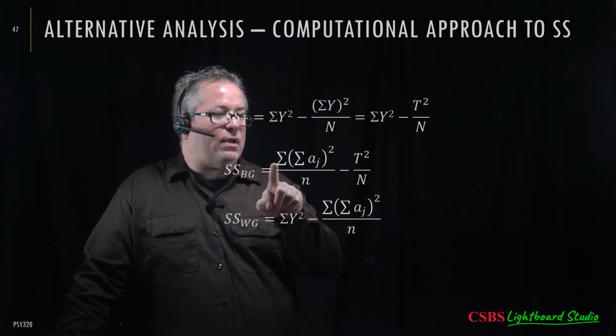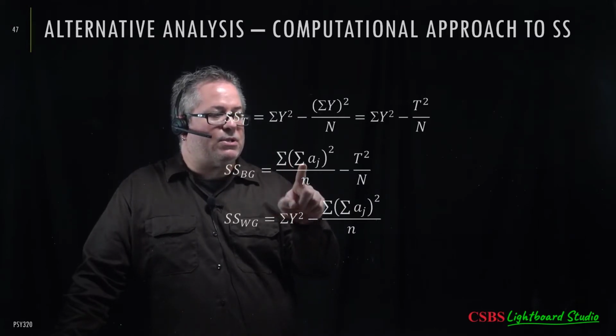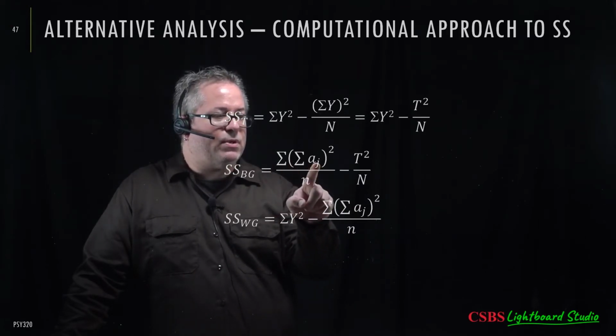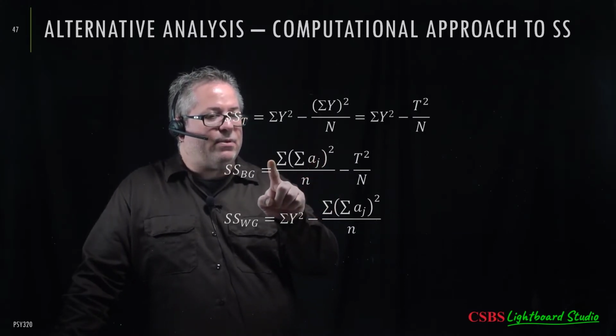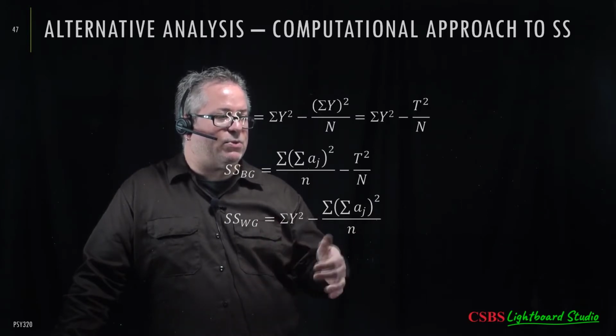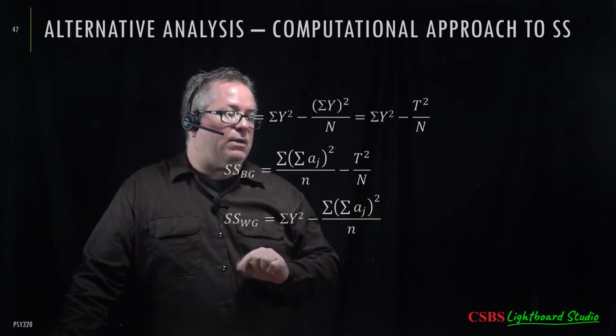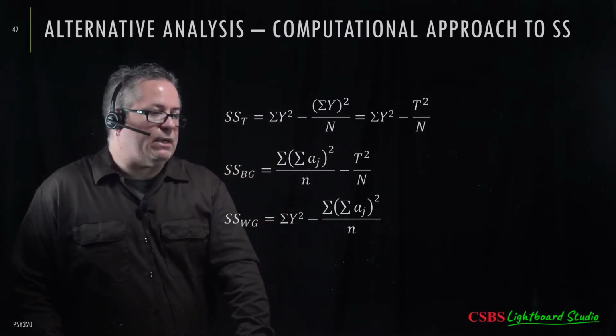And then I'm going to sum across the three groups. That's why there's two sums. I sum across the scores within each group, square each of those sums, and then add up all those squared sums for a second sum. That's why it's the sum of aj squared over little n, my individual group n, again minus t squared, total squared over n.